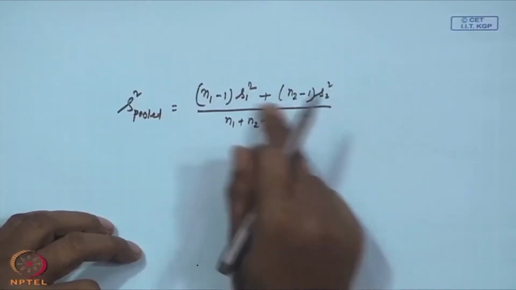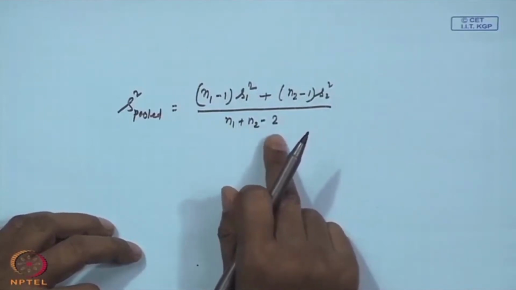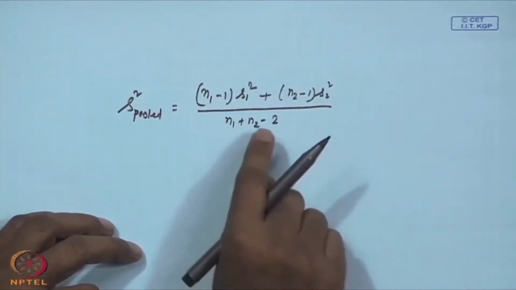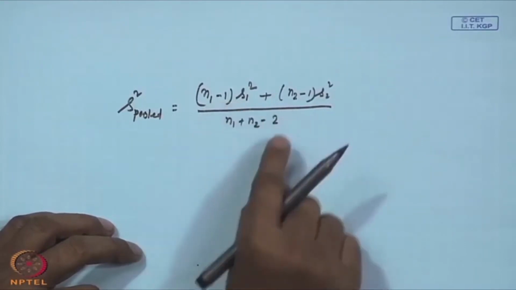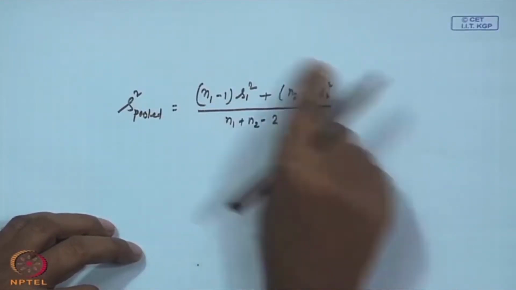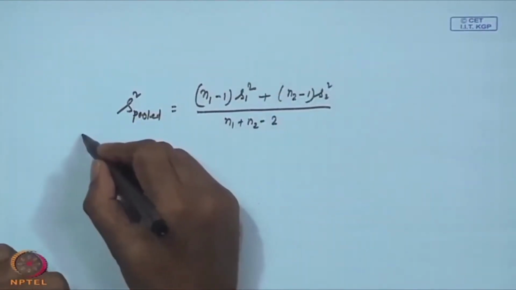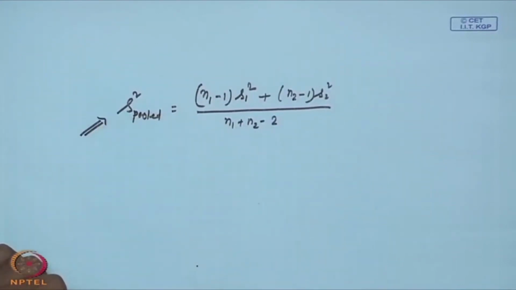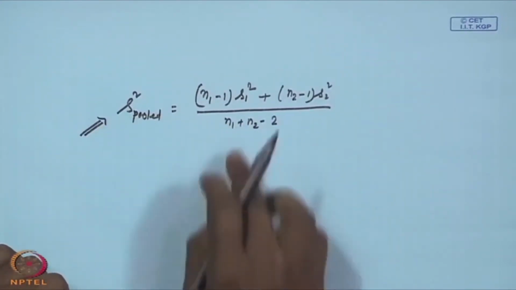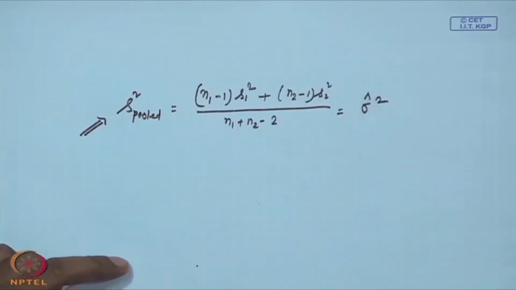And n1 plus n2 minus 2 is the degrees of freedom available. The reason is, you have calculated x1 bar, so 1 degree is lost, and x2 bar is calculated, so another degree is lost. This is what we call S pooled, or combined variance, and this is the estimate of sigma square.